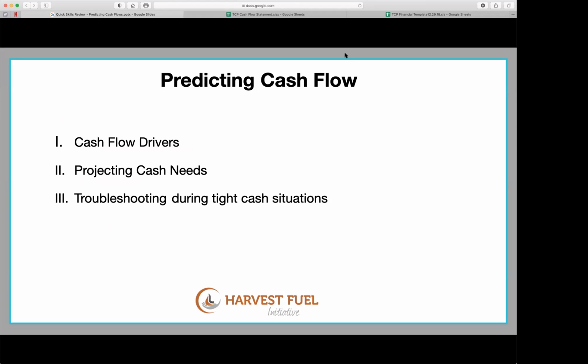So it's really important to forecast and predict your cash flow needs so you can anticipate when and where you'll need cash, keeping in mind that this is the number one killer of businesses: people basically growing themselves out of cash. I know you've all experienced this, and I really want to emphasize the importance of getting a good handle on it.